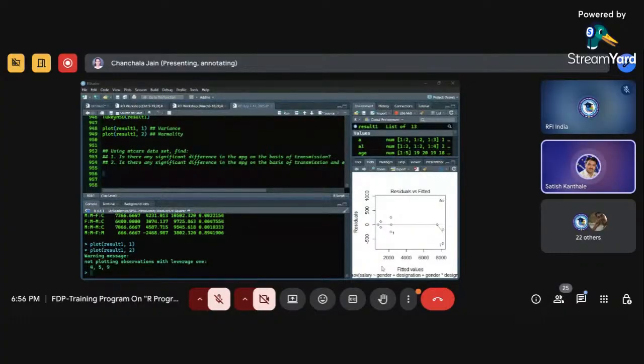ANOVA test is there, no? Generally, significant difference is referred to either by t-test or ANOVA. But I think I've told you when you need to go for the t-test and when you need to go for the ANOVA. So you need to check that, and then see what your data is saying to you. Whatever is the availability, accordingly you will decide which test is applied by you.